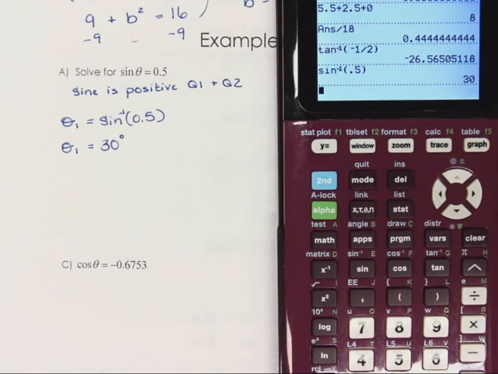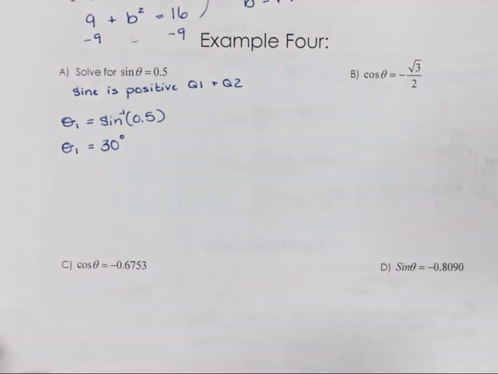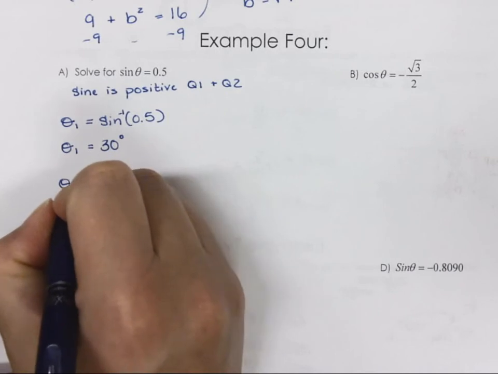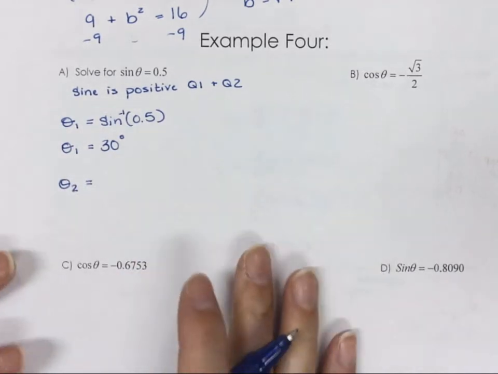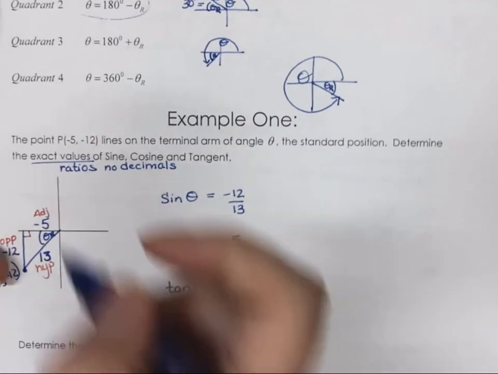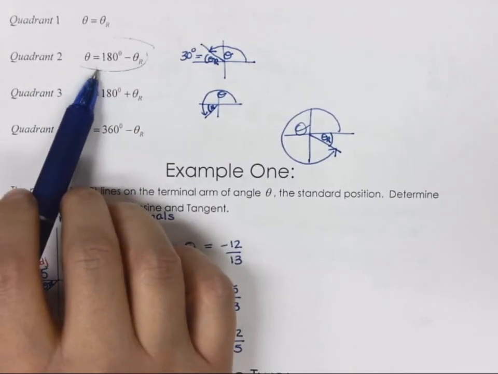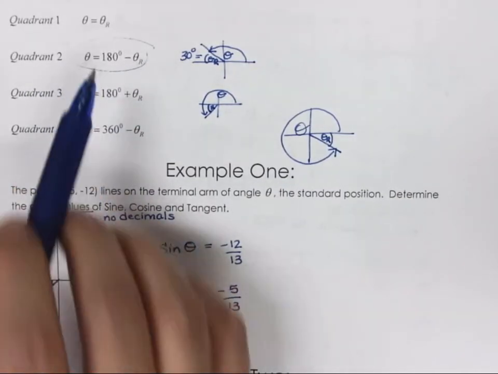Quadrant 2, I don't have to do any math. I'm just going to go back to my rules. Make sure you're in degrees because that will mess you up. So now to solve for quadrant 2, I'm going to use my rule from quadrant 2.